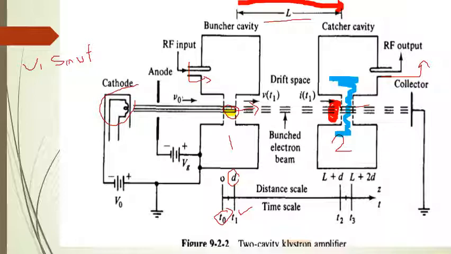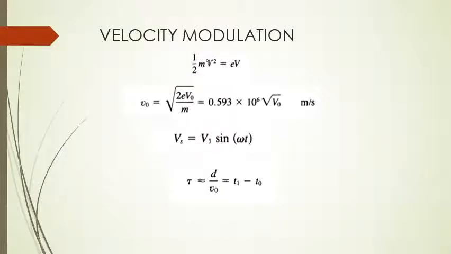With this, we will start with the first process, velocity modulation. As we discussed in the earlier slide, velocity modulation takes place within the cavity gap d. To start with, there are some basics you need to know. Kinetic energy becomes equivalent to potential energy.